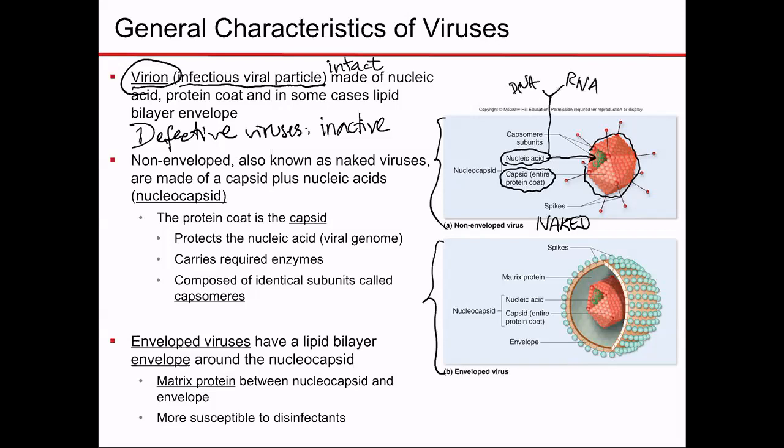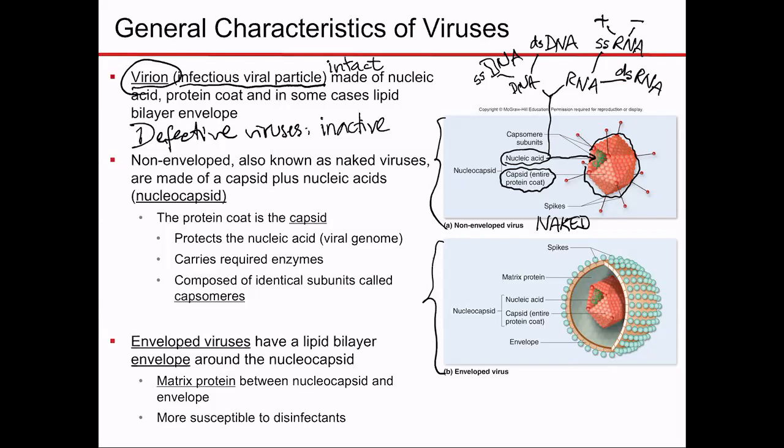The DNA could be single-stranded DNA, or in some other viruses, double-stranded DNA. And in the case of RNA, it could be also single-stranded RNA, and for those, it could be positive or negative. And then we also have double-stranded RNA genome in some viruses. So that nucleic acid could be different kinds.